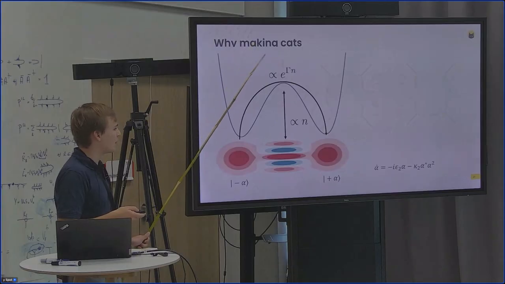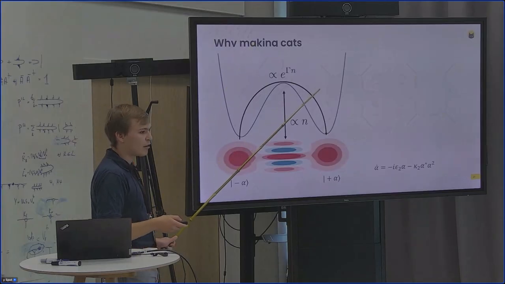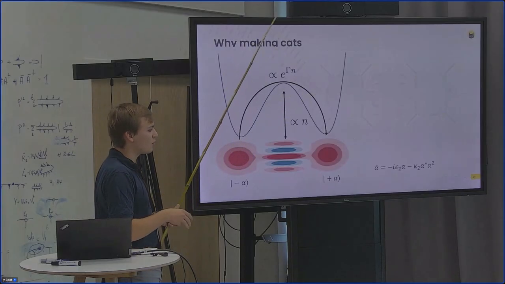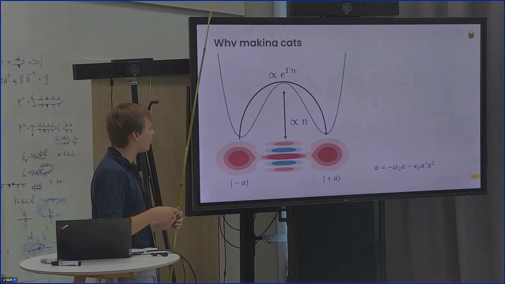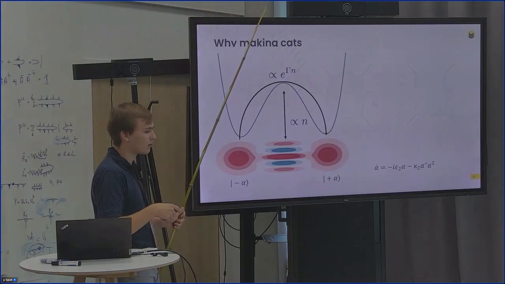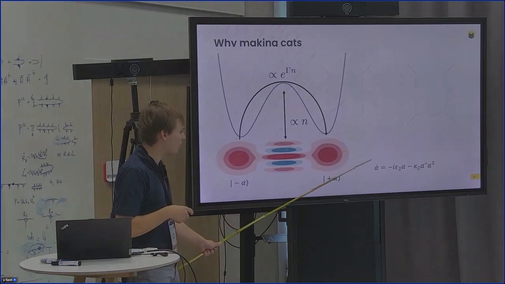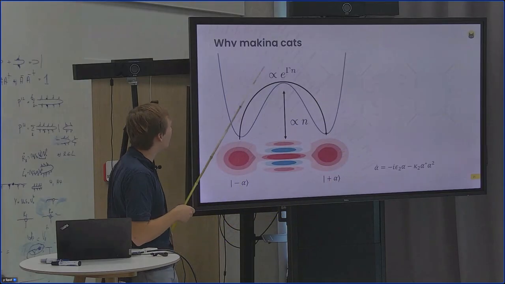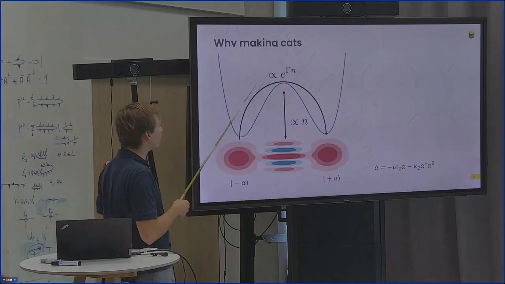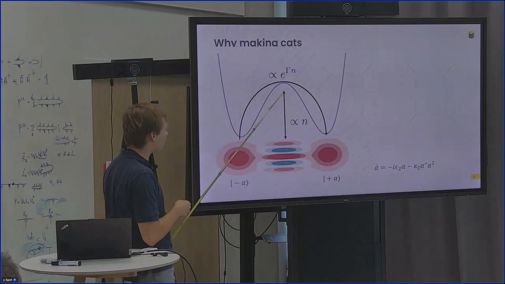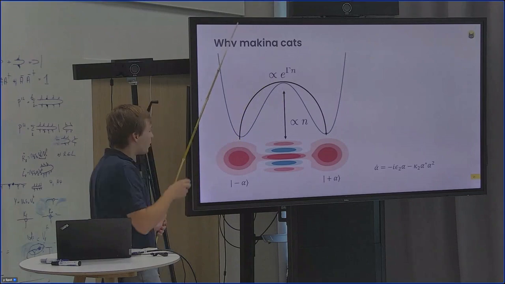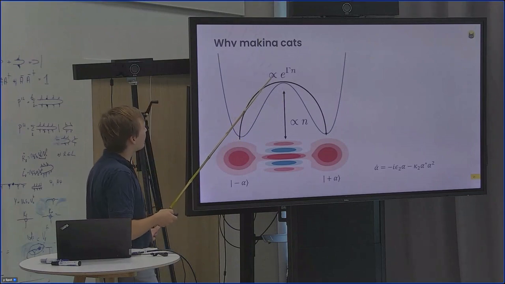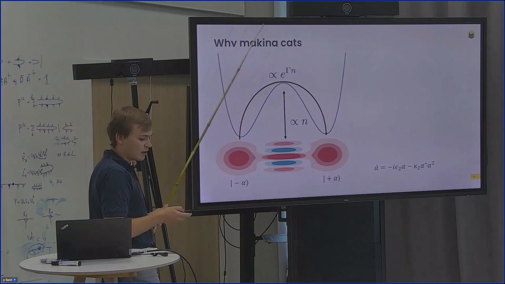The way that you can see that is that if you write the semi-classical equations, basically an approximation of the dynamics of the system with just a single differential equation on alpha, then you will see that to go from alpha to minus alpha, you will need to jump over this barrier, and this grows exponentially with alpha.